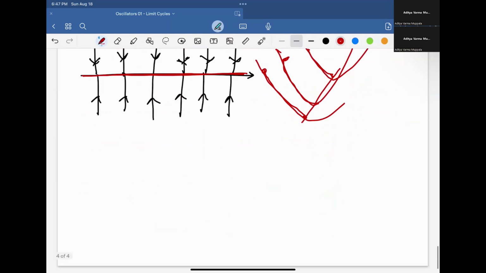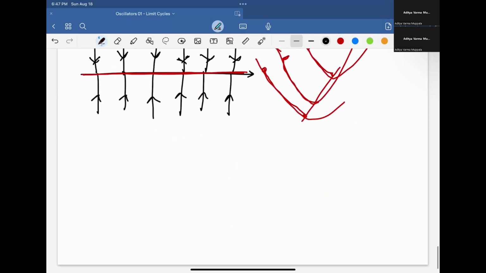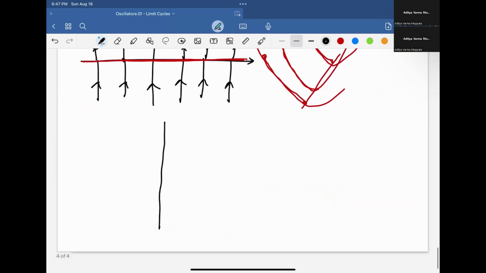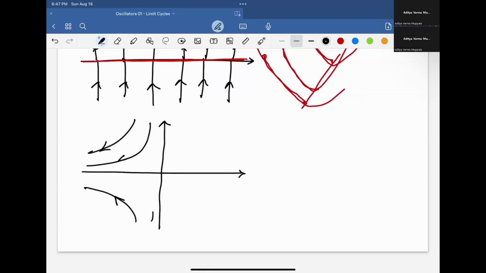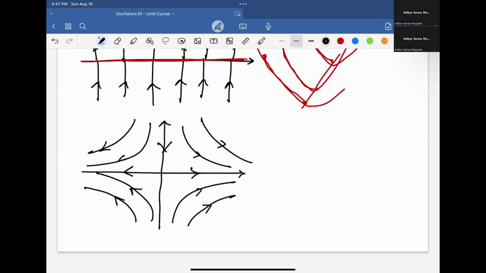Maybe a more interesting example is that of a saddle point. So a saddle is where, let's say, all of these lines are flowing this way. Right? So even on the x-axis, they flow out, but on the y-axis, they flow in.